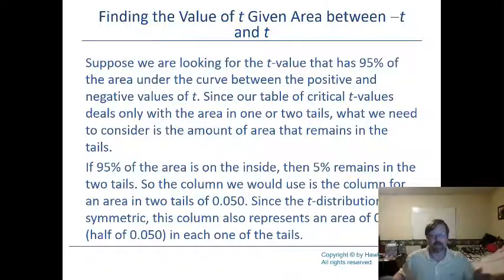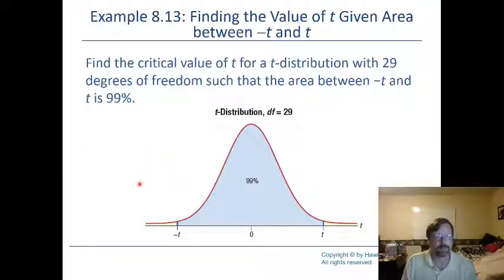I'm just coming at it from the other direction. So if I was after 99% along this side, pretend it's a one tail for a minute, that would be the same thing as looking up the 1% value.